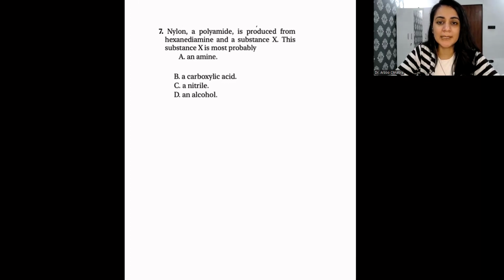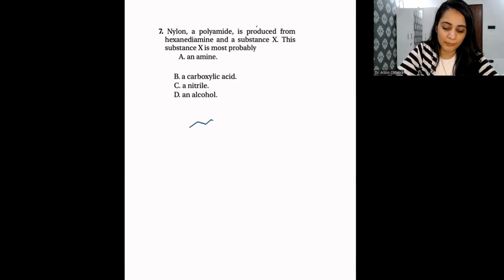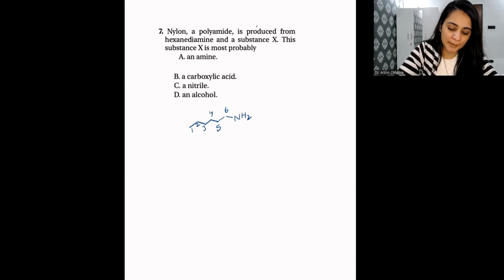Nylon polyamide is produced from hexane diamine. Okay, we have 1, 2, 3, 4, 5, 1, 2, 3, 4, 5, 6, hexane diamine. So we have an amine here, and then we have an amine over on that side.